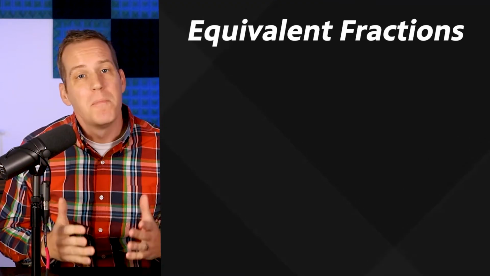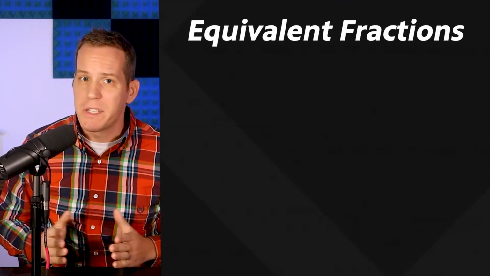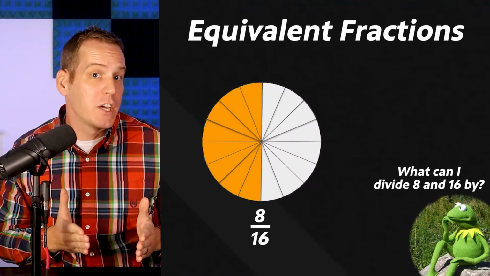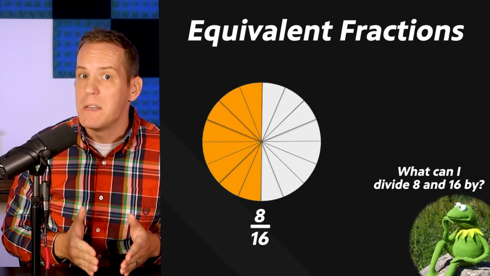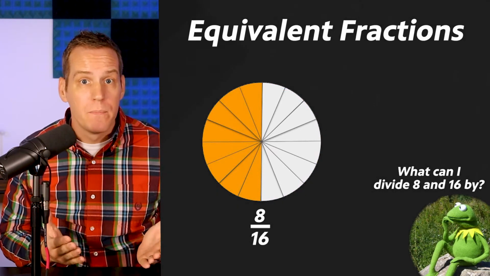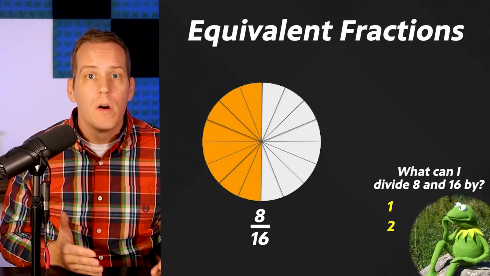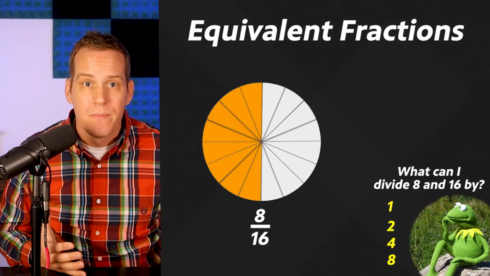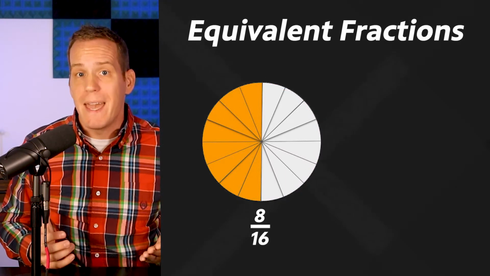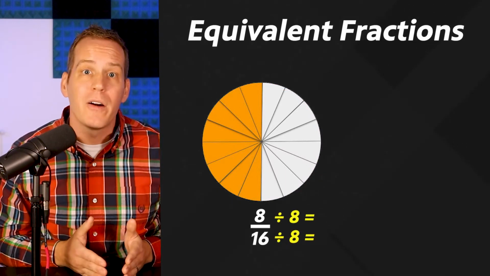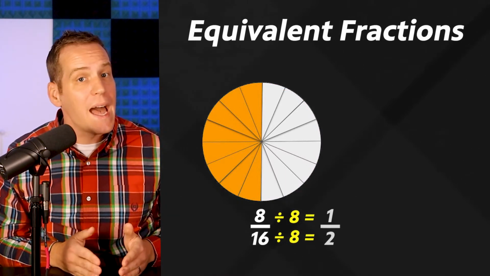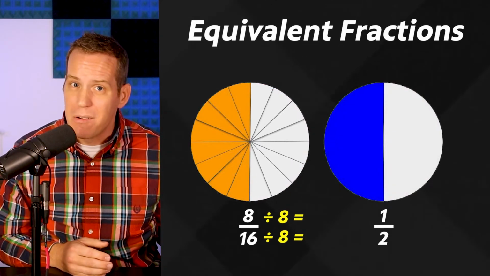Try this one. Maybe I have something else like 8/16. What's a number that I could divide both 8 and 16 by? There's a couple, right? 8 and 16 are divisible by 1, 2, 4, and even 8. So let's go ahead and divide them both by 8. If I do that, I'll get an equivalent fraction of 1/2, and look, that's the same amount.